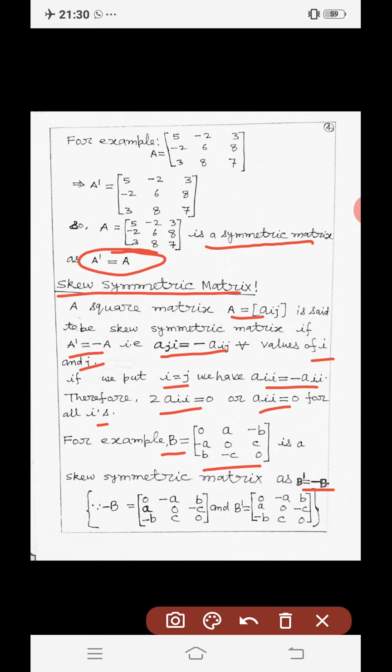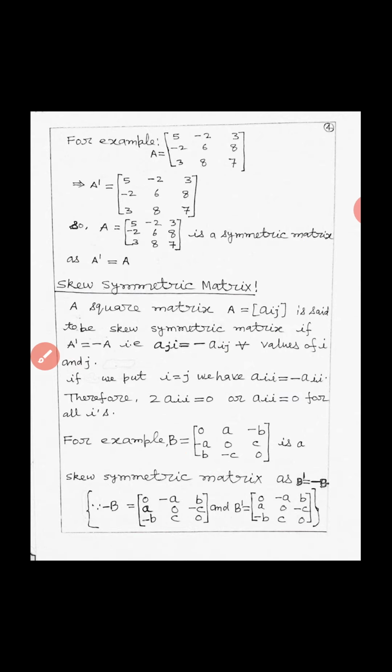Here -B equal to [0, -a, -b; a, 0, -c; b, c, 0], and B transpose is equal to [0, -a, -b; a, 0, -c; b, c, 0]. So due to this, here B transpose equal to -B.